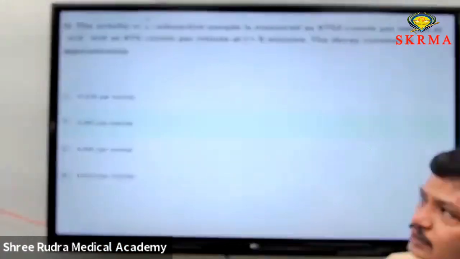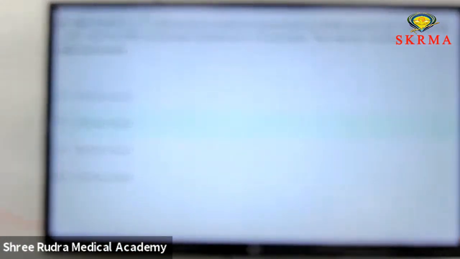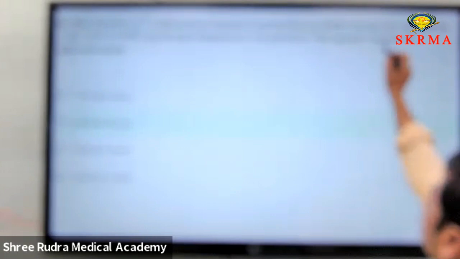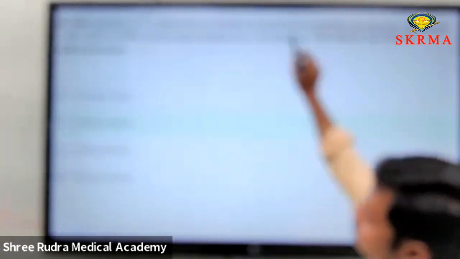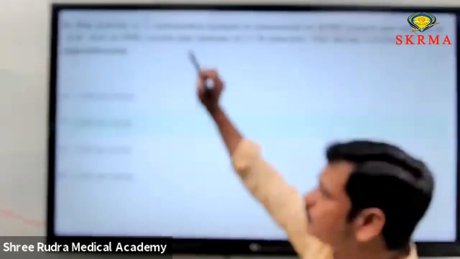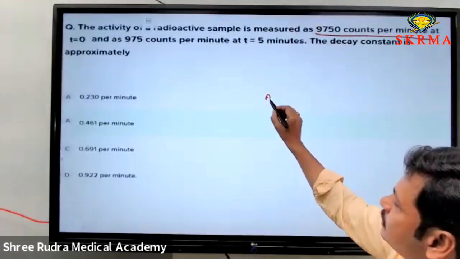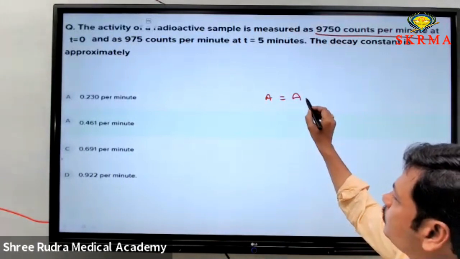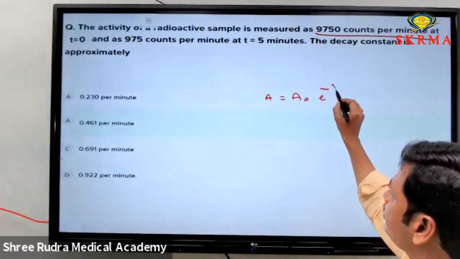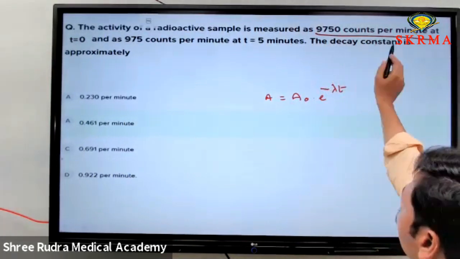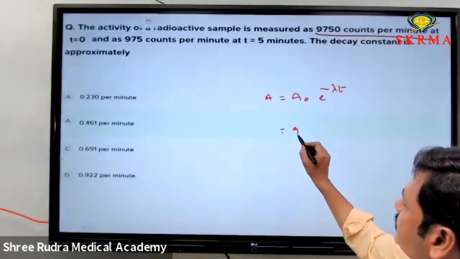The next one is a problem based upon this concept. The activity of a radioactive sample is measured as 9750 counts per minute at t equals 0. What is the basic equation? The activity is given as A equals A0 into e power minus lambda t. In this equation, the activity at t equals 0, that is the A0 value, is 9750.